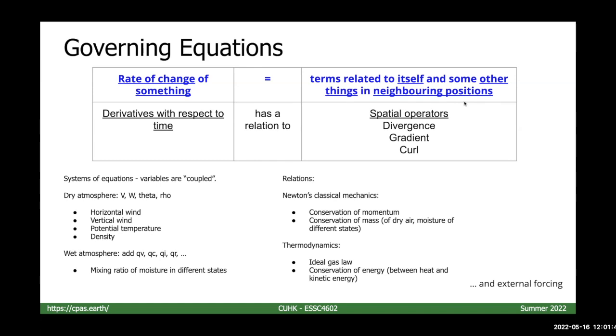And in calculus, there are spatial operators. To name a few: divergence, gradients, and curl. You need not be scared off by this mathematical language. I will explain the intuitive meaning to some of them.